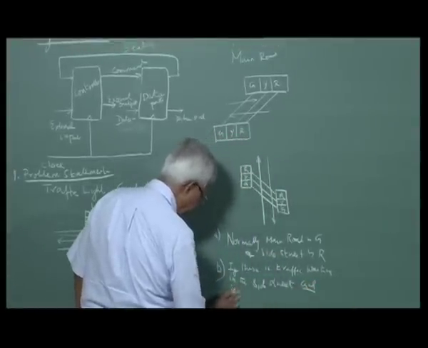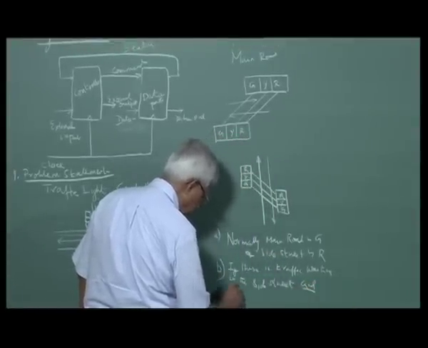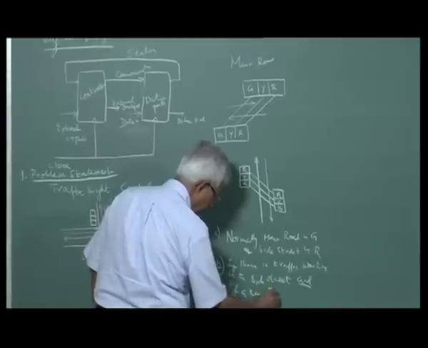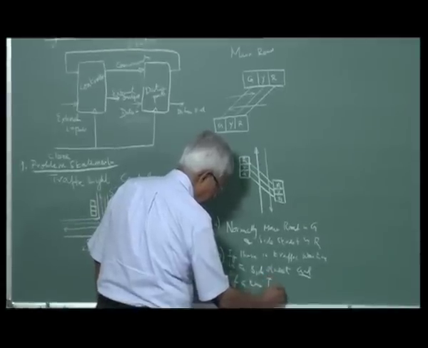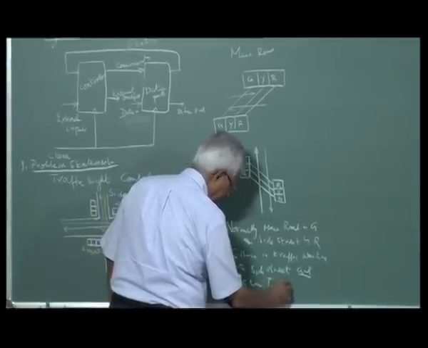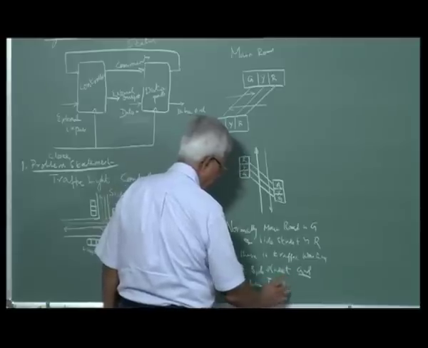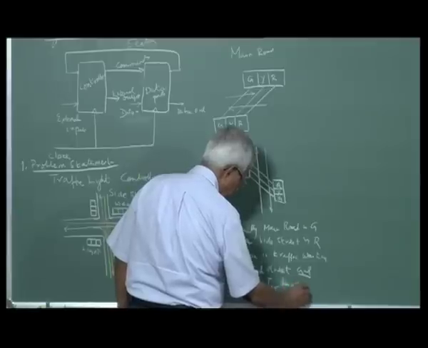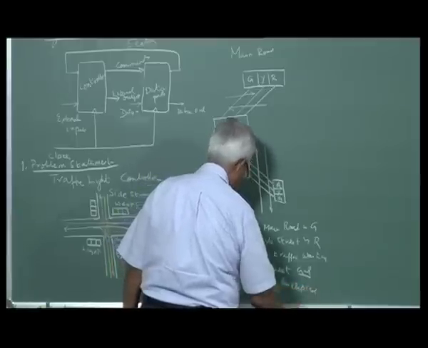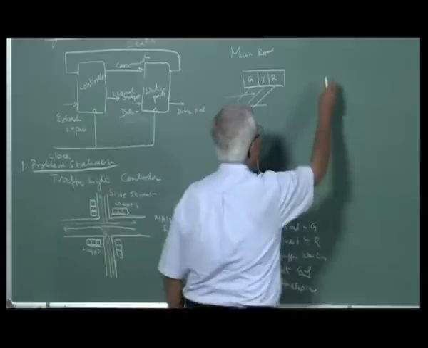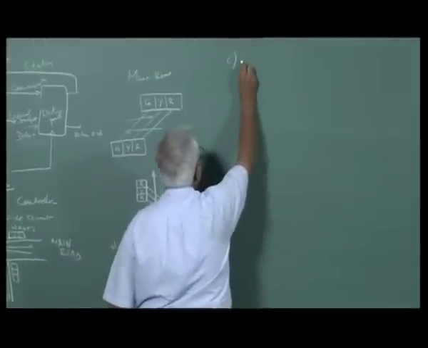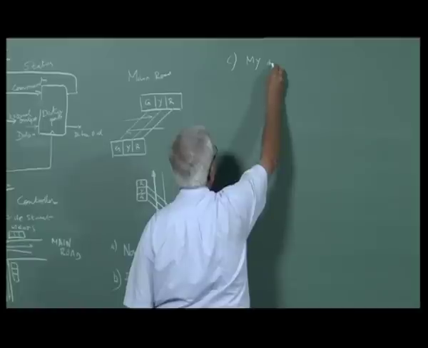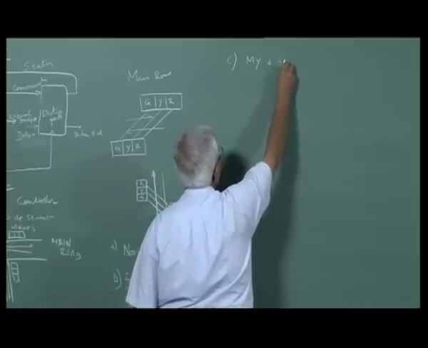If a time T main green has elapsed, we go to main street yellow and the side street is still red.